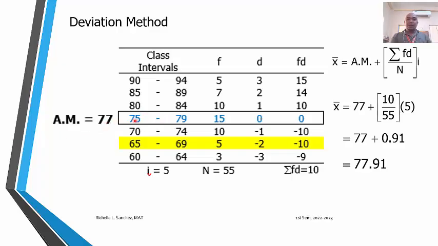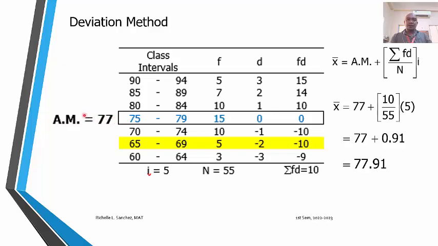How is the assumed mean determined in grouped data? Assuming that our mean can be found within 75 to 79, our assumed mean here is the midpoint of this class interval. So we have 75 plus 79, that is 154 divided by 2, and we get 77.